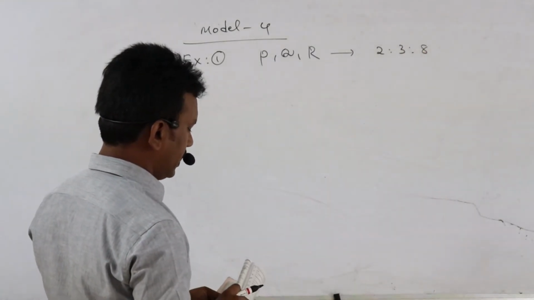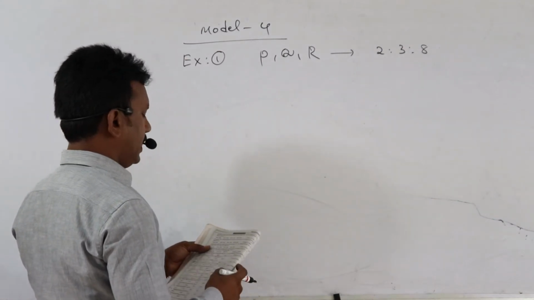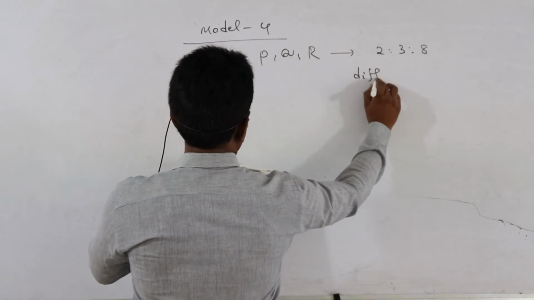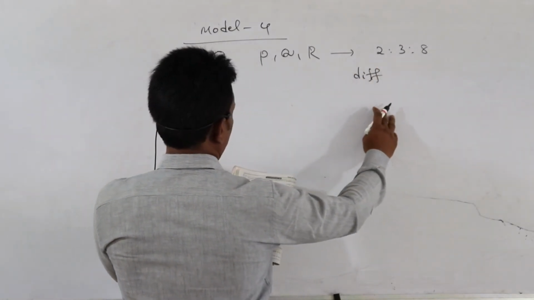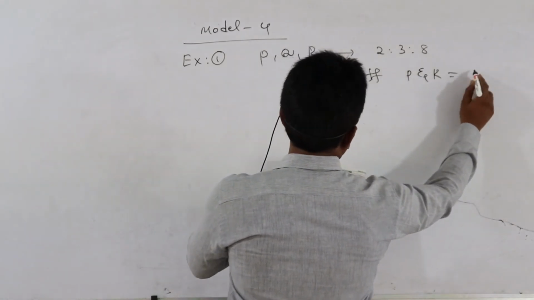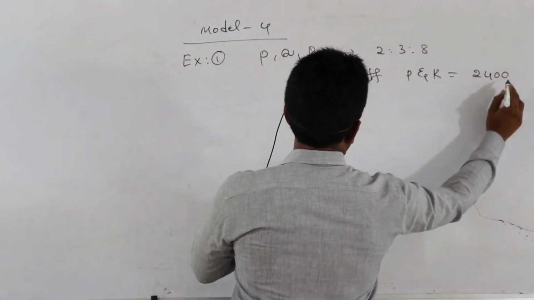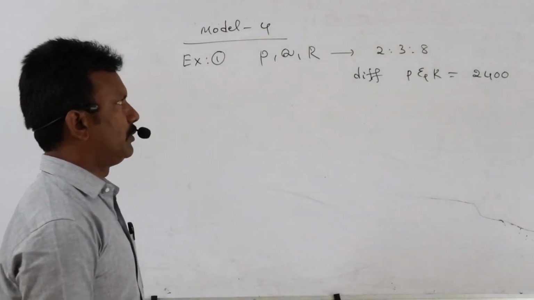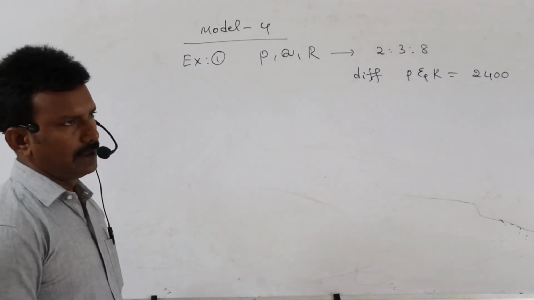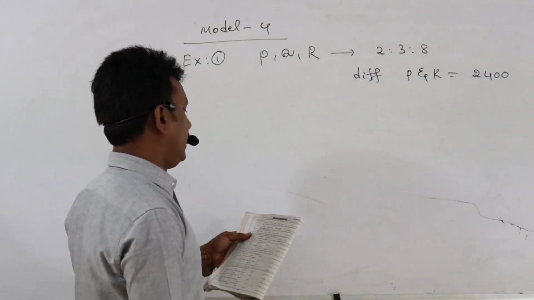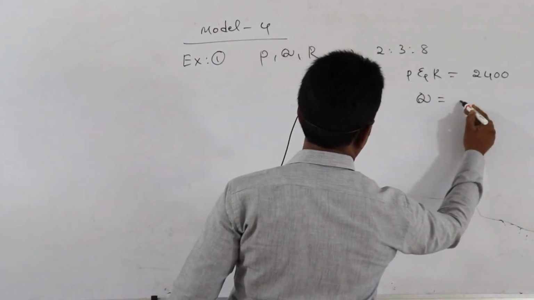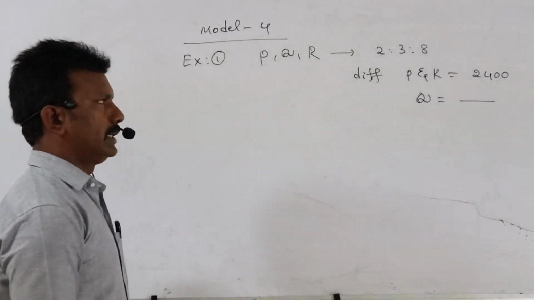The difference between the shares of P and R is 2,400 rupees. Then find the share of Q. What is the amount of Q in this total?